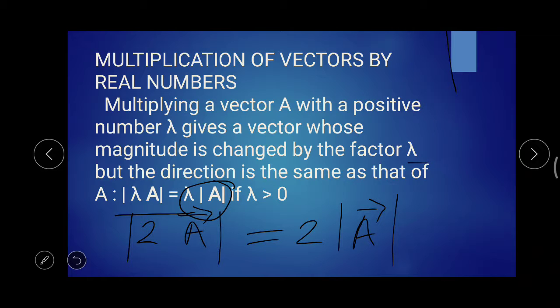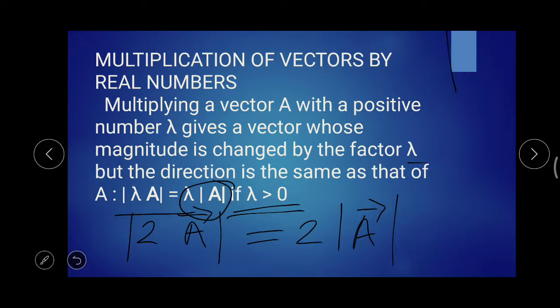And one condition is that lambda should be greater than 0. If lambda is less than 0, that means negative values will come. If the negative values are introduced, the direction of the vector is changed.